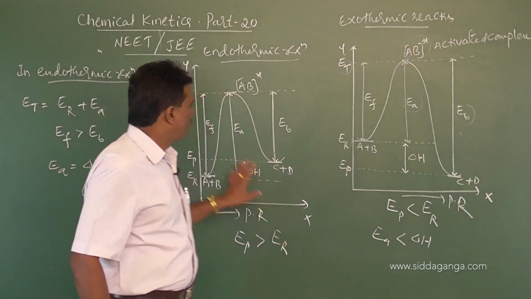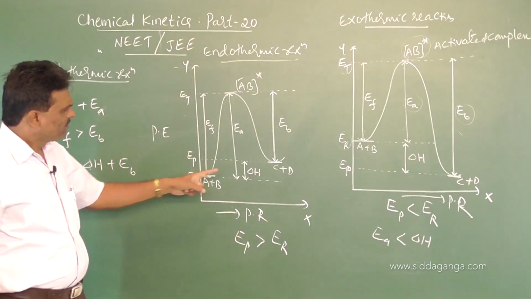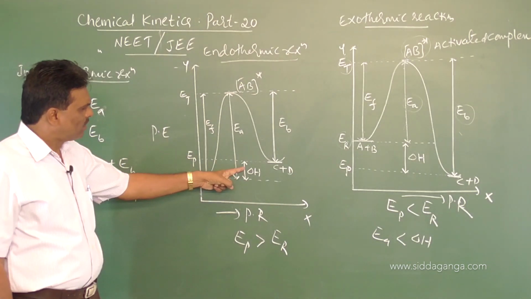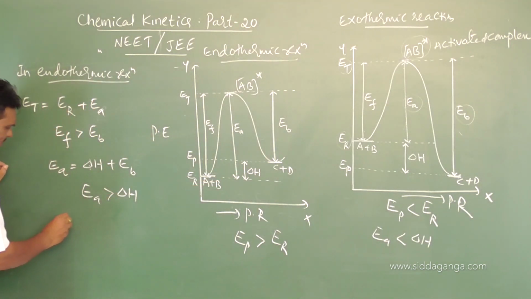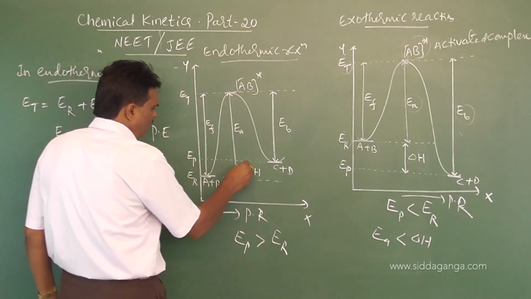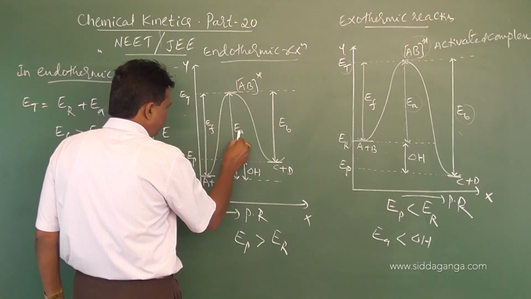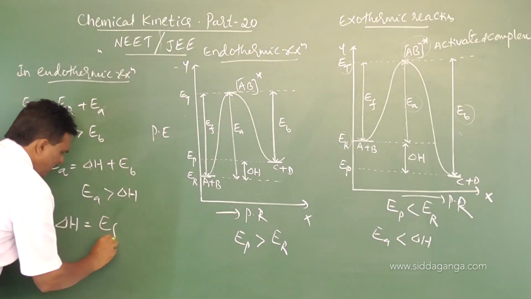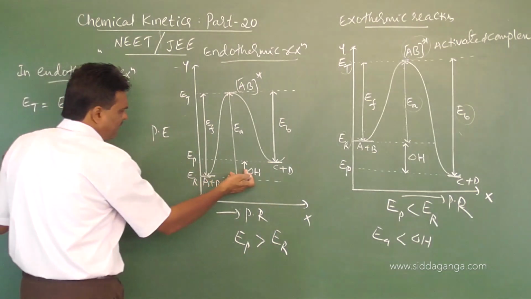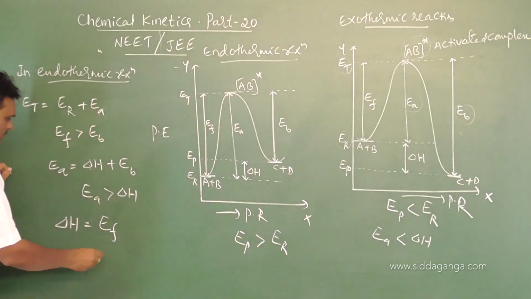So these are all important points, remember them well. Here, delta H is equal to EA, which means energy of activation for the forward reaction, EF. This delta H is equal to EF minus EB.